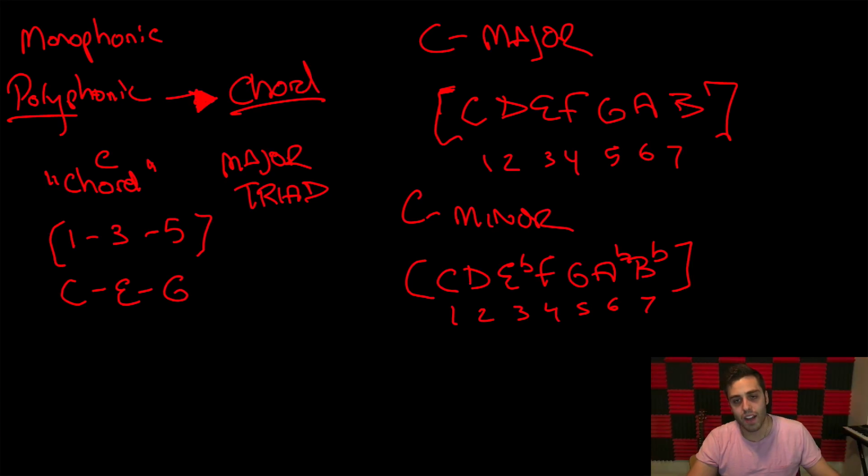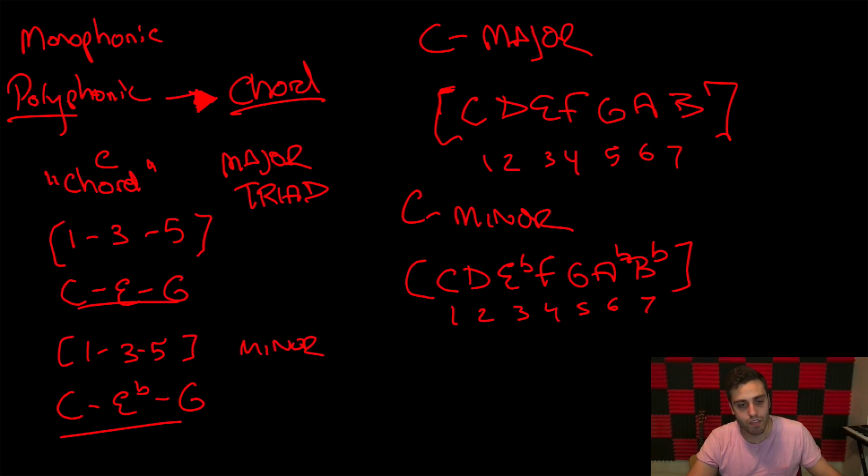The triad for the minor scale would be the 1, 3, 5 of the minor scale, which would look like C, E flat, G. And when you look at a major triad versus a minor triad, the difference is always that the 3 of the scale, which is the second note in the triad, is one step down, aka it's flattened in the minor triad. So that's going to be a really important concept, that the only thing that's different between a C major chord and a C minor chord is this flattened third.